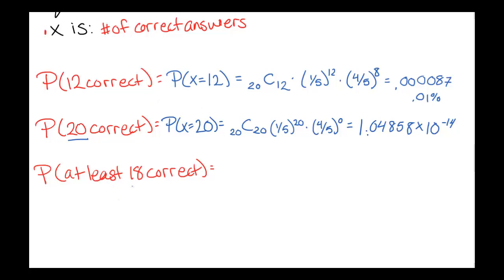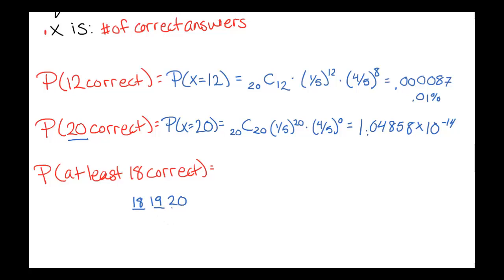This third probability, we're looking at finding at least 18 correct. There's a number of ways to do this, and if you read in the textbook you'll see some methods using the calculator or other types of technology. I'm just going to do this the most straightforward way using this formula we've got, but if you want to use a different method, that's definitely okay. So at least 18 correct means we could get 18 or 19 or 20 correct.